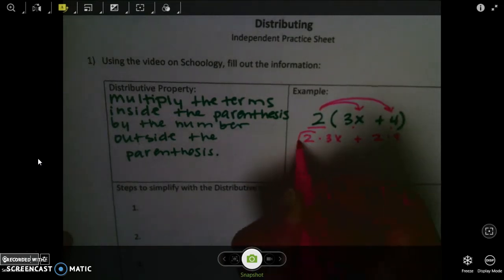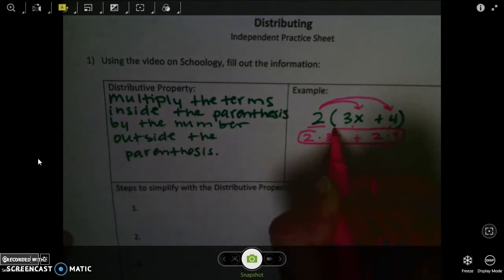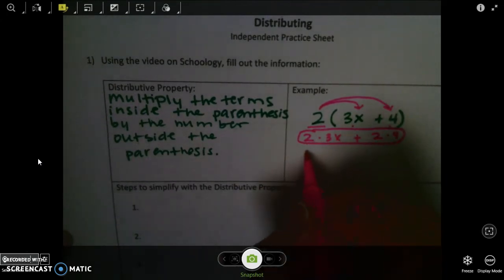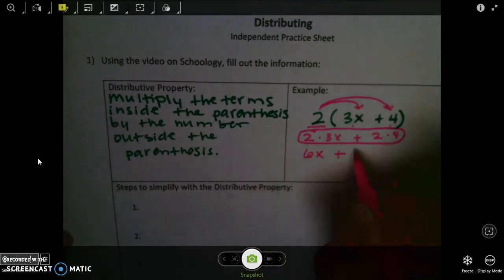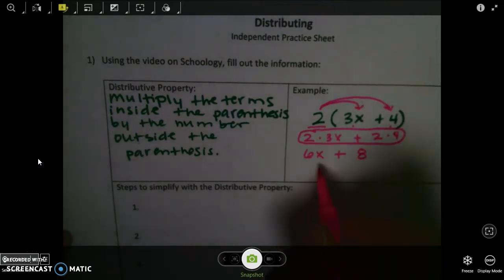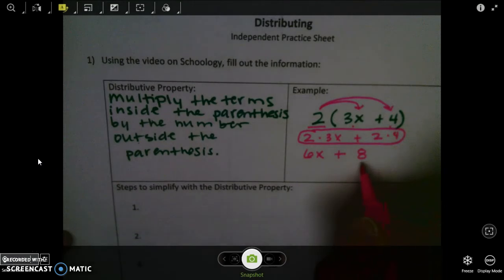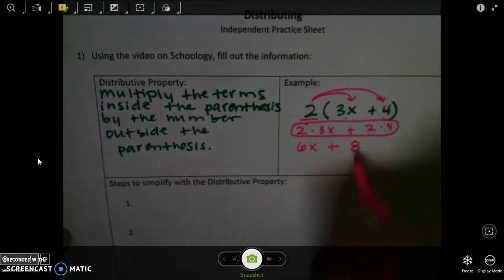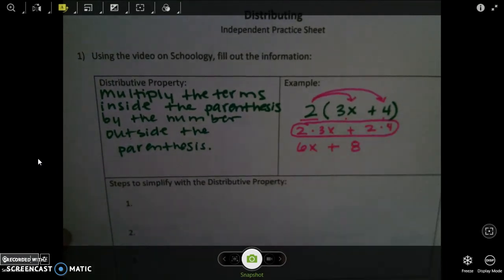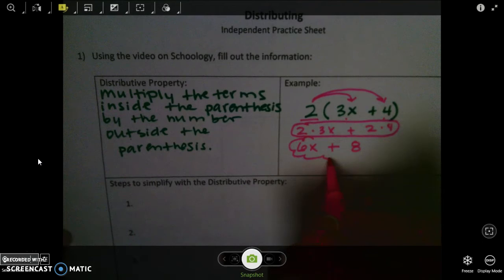This part you can do in your head. You don't need to write that step every time. So 2 times 3x is 6x plus 2 times 4 is 8. These are not like terms. Thinking back to the previous day's notes on combining, 6x and 8 are not like terms, so this is your answer.